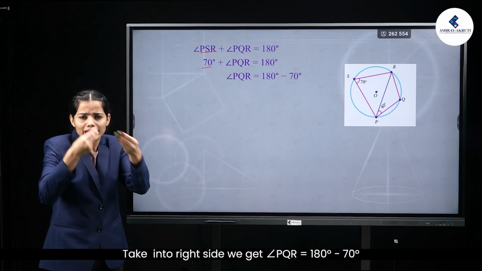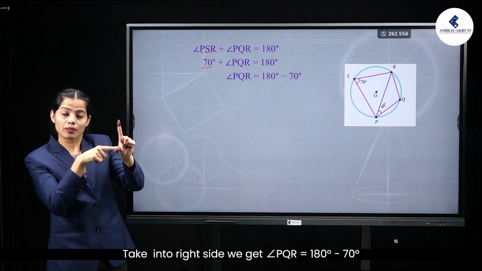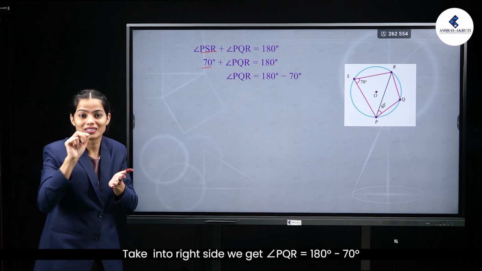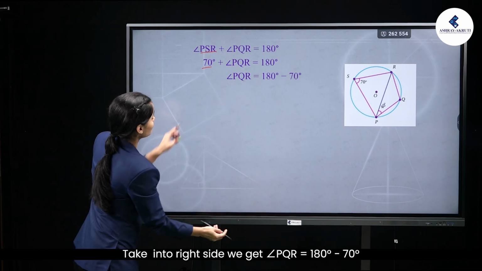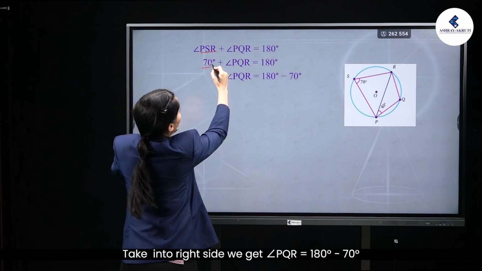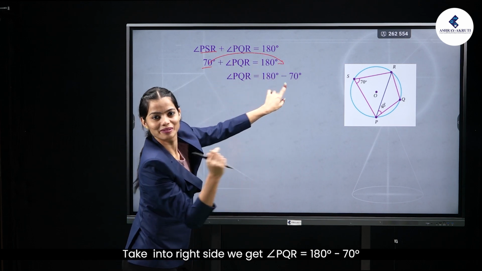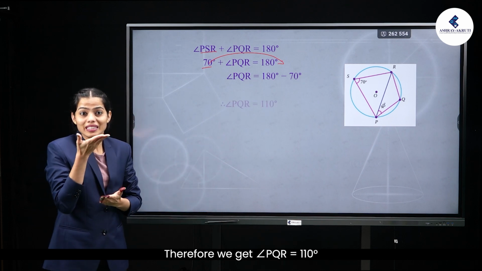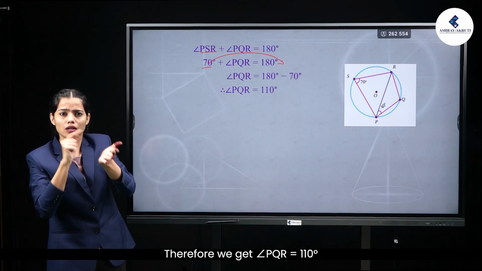Taking the number term to the right side, we get angle PQR is equal to 180 degrees minus 70 degrees. Therefore, we get angle PQR is equal to 110 degrees.